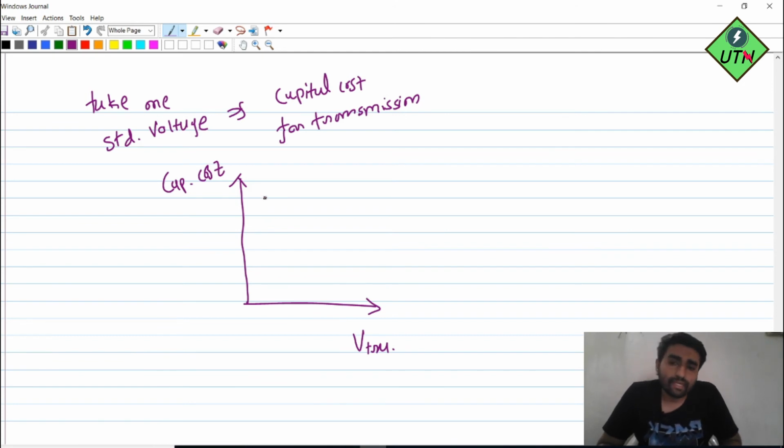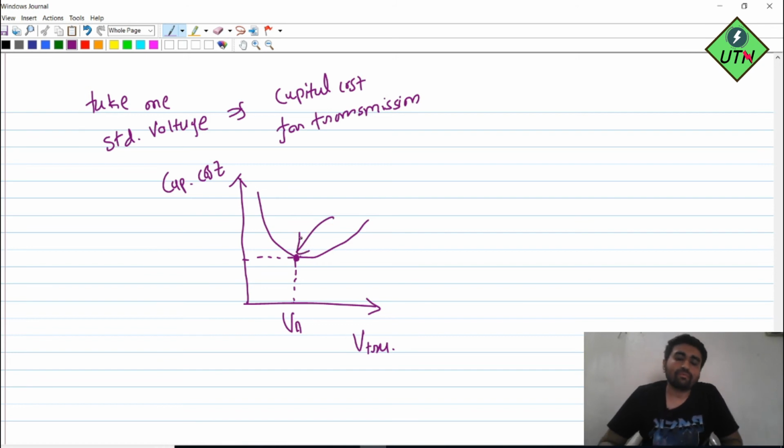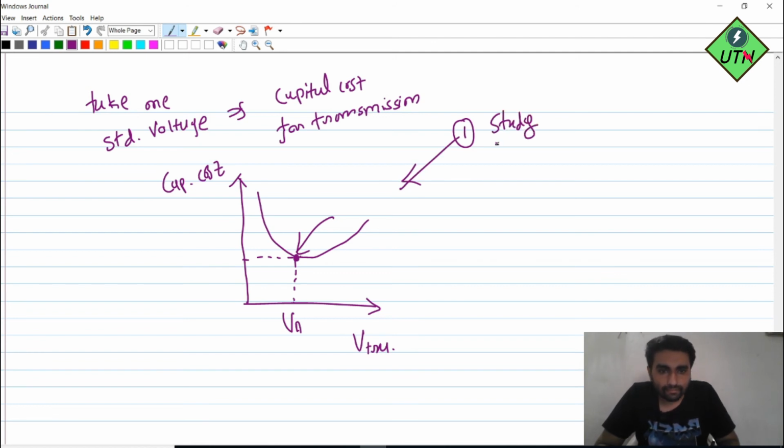So we may have this kind of curve, and from this curve we may observe that if we transmit our power at this voltage, at that time we have the minimum cost for the transmission. So we should transmit at this particular voltage. This is one method to do this kind of study.